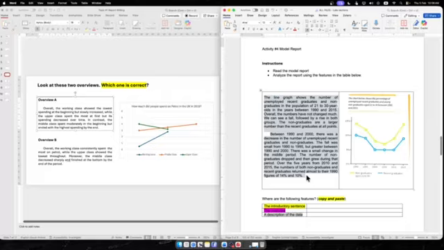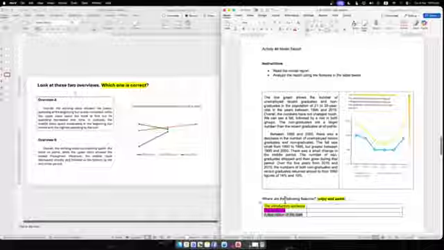So far, we've taken a look at the introductory sentence. That is activity number 1. Then we prepared for the overview. We looked at how the changes in the graph and all of that. That is activity number 3. And for activity number 2, we looked at the description of the data.